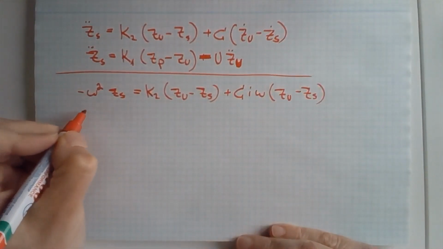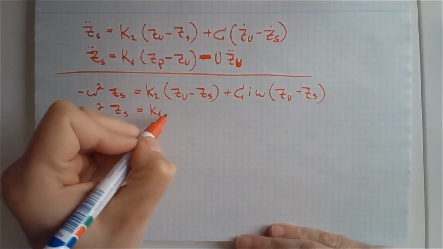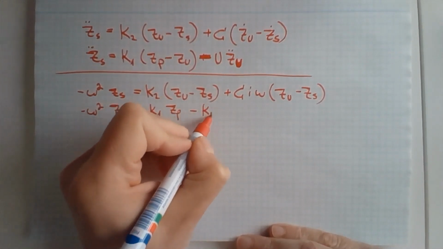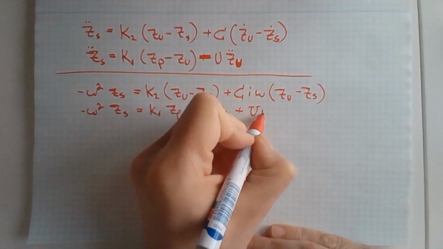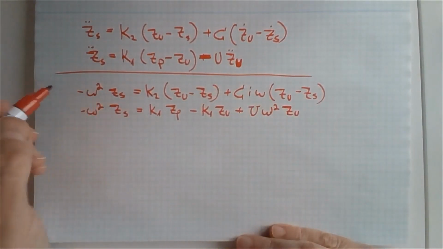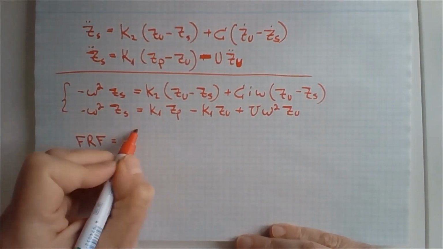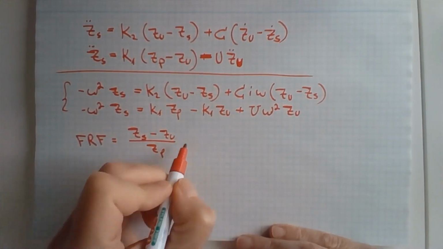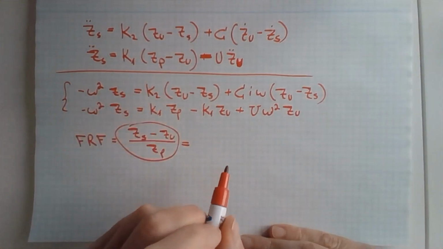And the second equation, minus omega squared ZS equal to K1 ZP minus K1 ZU plus U omega squared ZU. So we're looking for the frequency response function, which was defined as ZS minus ZU divided by ZP. And we can write this ratio based on the two equations above.